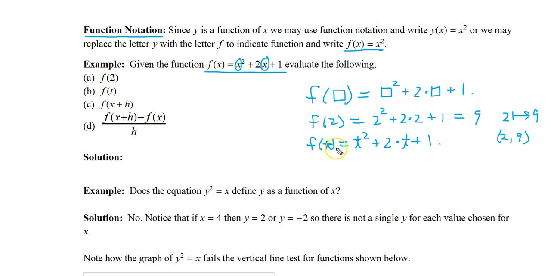That's all we did. Now here's one where people tend to make a common mistake. What is f of x plus h? This sometimes trips people up.